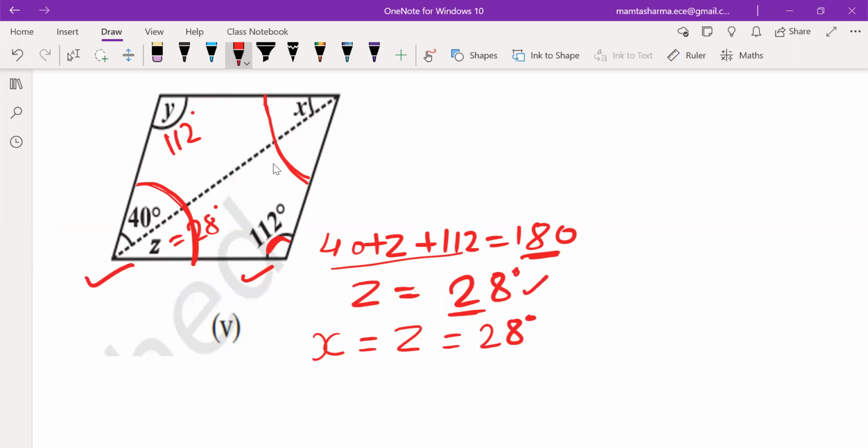Now, you know that X and Z are opposite angles. So Z will be equal to X. They are opposite angles.